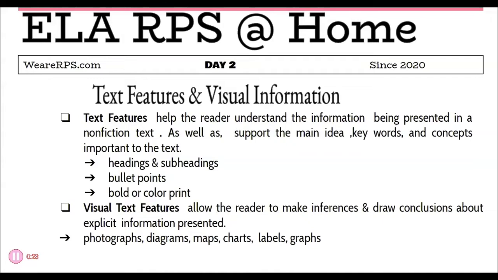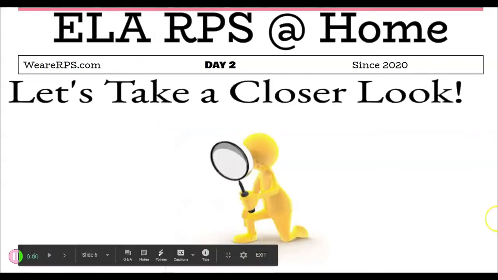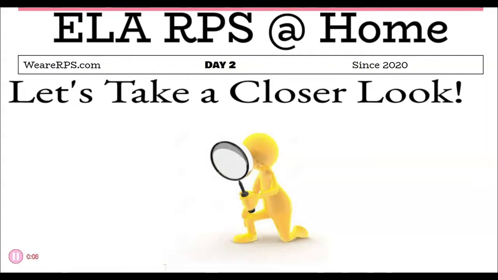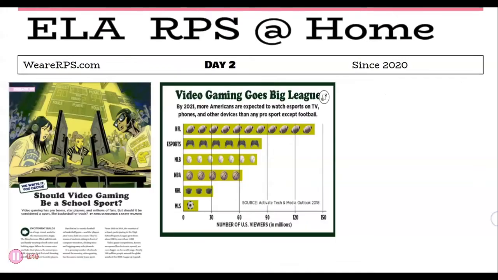Visual text features allow the reader to make inferences and draw conclusions about explicit information presented, such as photographs, diagrams, maps, charts, labels, and graphs. So let's take a closer look at a nonfiction text and see what we can imply or make inferences about based off of their nonfiction text features.